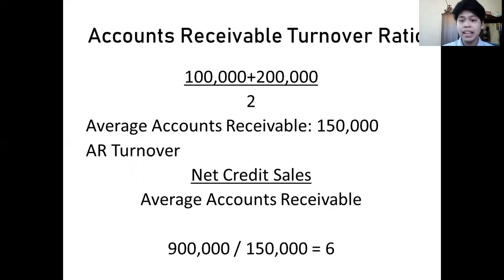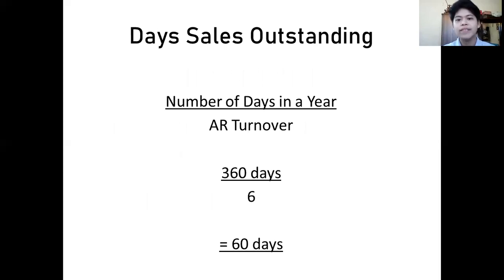Ano yung interpretation nito? We will further find out if we go to the second formula. Day sales outstanding. Number of days in a year divided by accounts receivable turnover. So ang ginawa natin, 360 days divided by 6 equals 60 days. Okay.